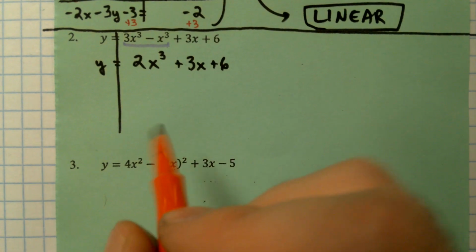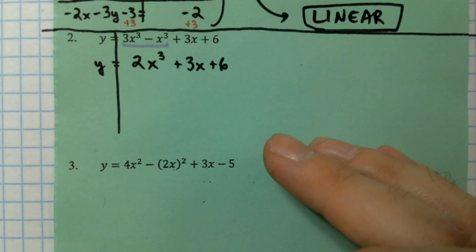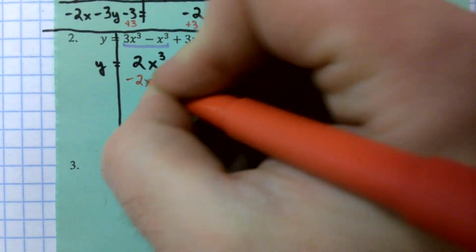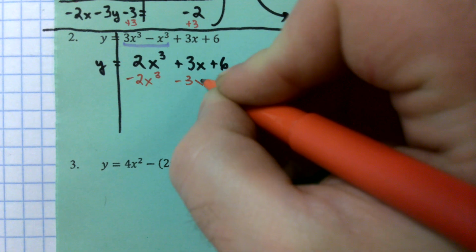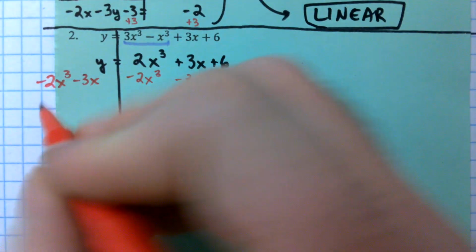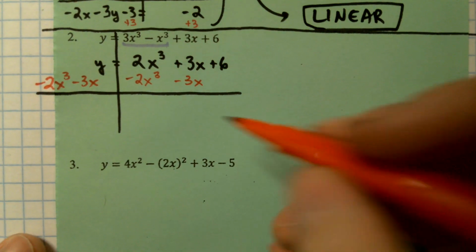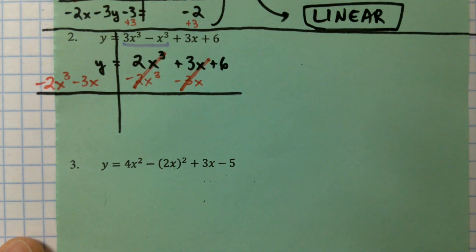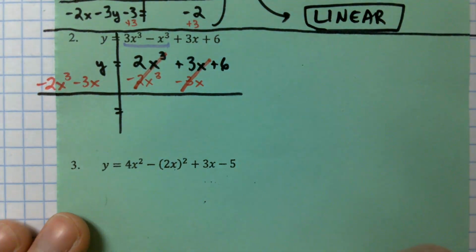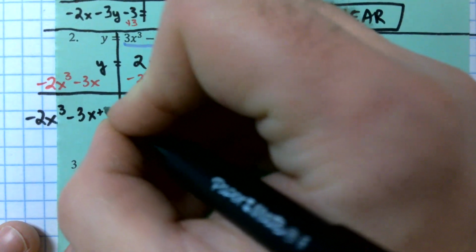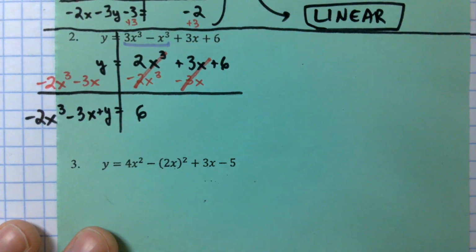So what I'm going to do, just like before, is get all my x's and y's on the left. So I'm going to subtract 2x cubed, and I'm going to subtract 3x. I'm going to do them both at the same time just to save me a step. Those go away. And I'm left with negative 2x cubed minus 3x plus y equals 6.